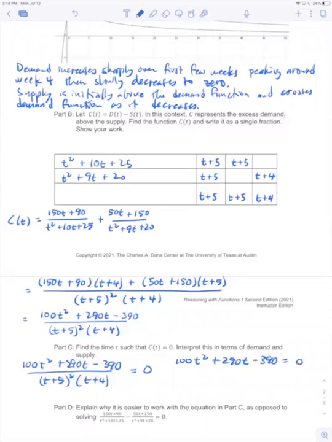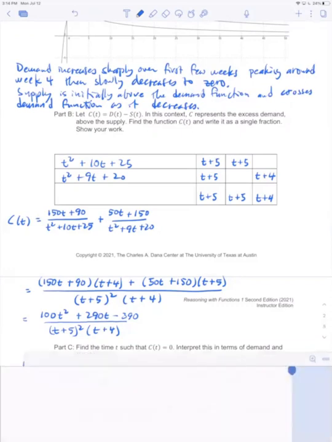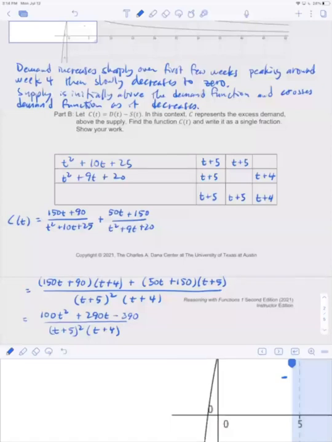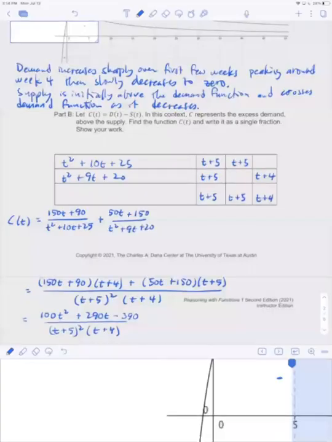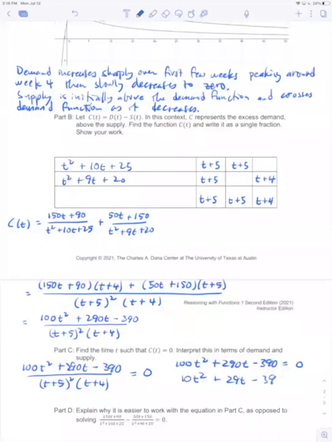equals 0. We could even divide out a 10 from each of these terms, make it a little bit smaller. We have a 10t squared plus 29t minus 39. Whoops, I did not mean to do that. Here we go, minus 39 is equal to 0. And this is factorable.